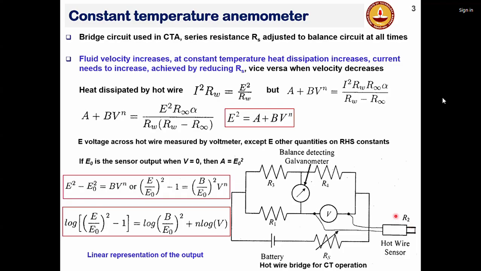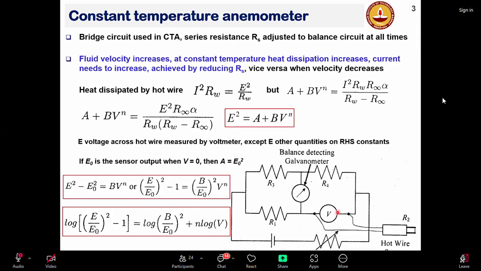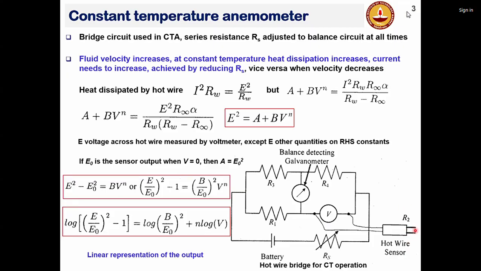Initially, the circuit will be balanced. And when there is flow, the temperature of this wire is going to change, because as compared to a quiescent state of the fluid, when the fluid starts moving, there is going to be convection, heat transfer from the wire to the fluid.